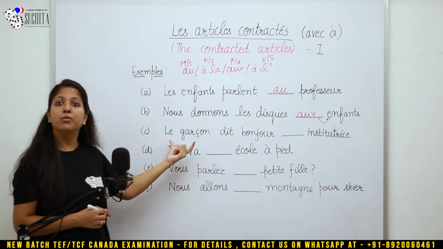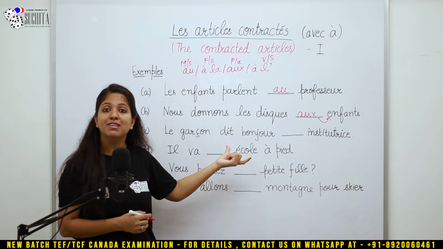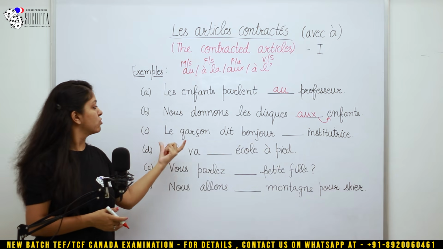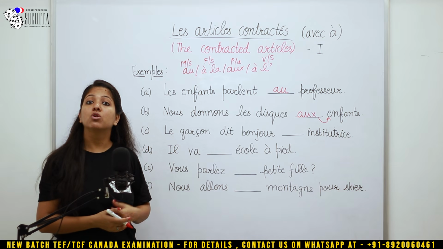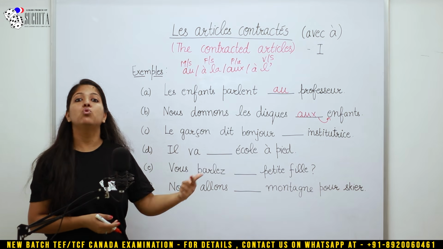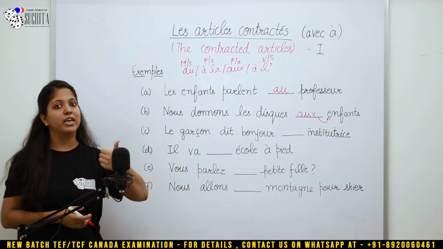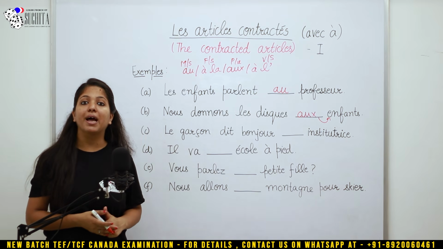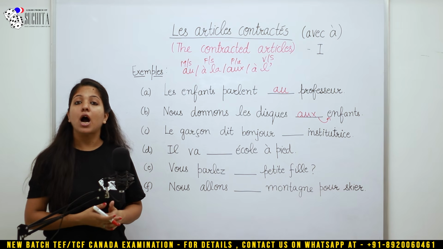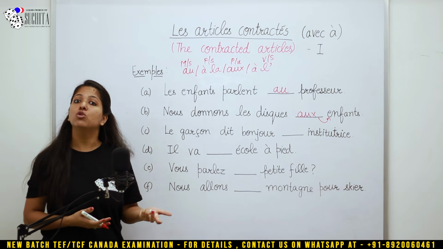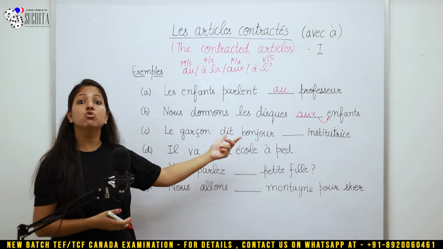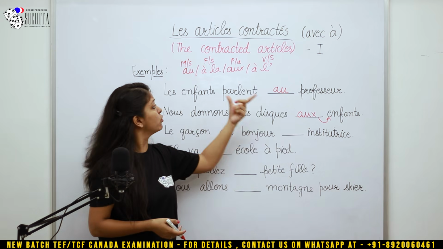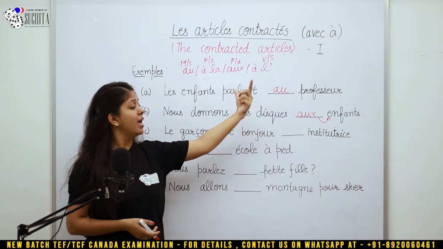Le garçon, the boy, dit, c'est le verbe dire, to say, bonjour, dash institutrice, teacher. So the boy says bonjour, what will you say in English? To the teacher. So the meaning is perfectly alright. It should be either in the, at the or to the. Only then you can apply article contracté avec à, because à means in, at or to. Now you have to select one amongst these four.